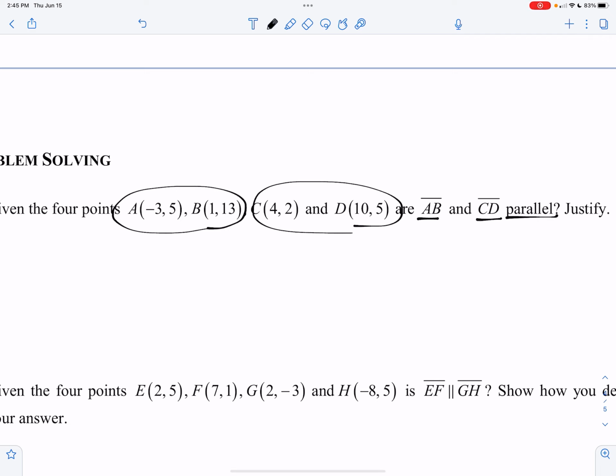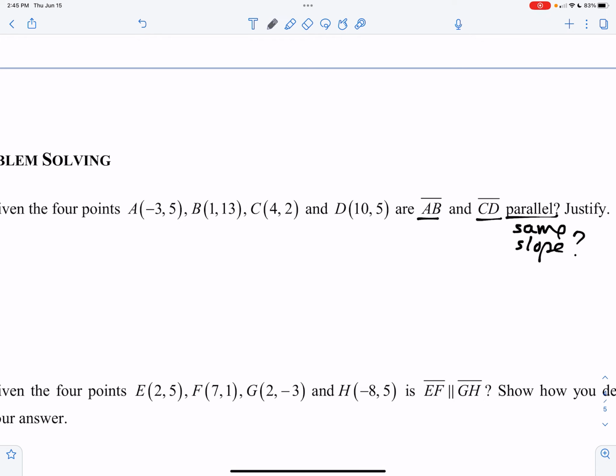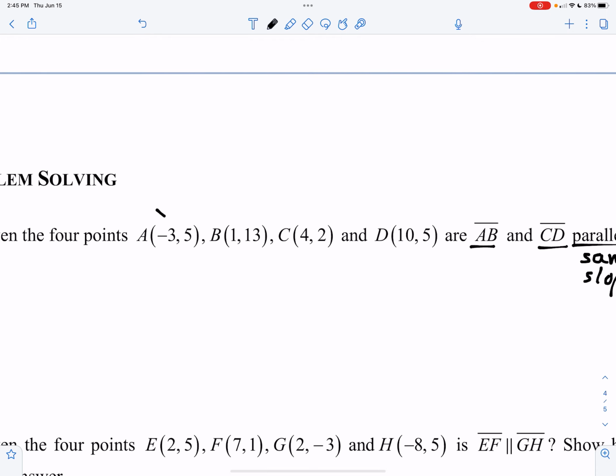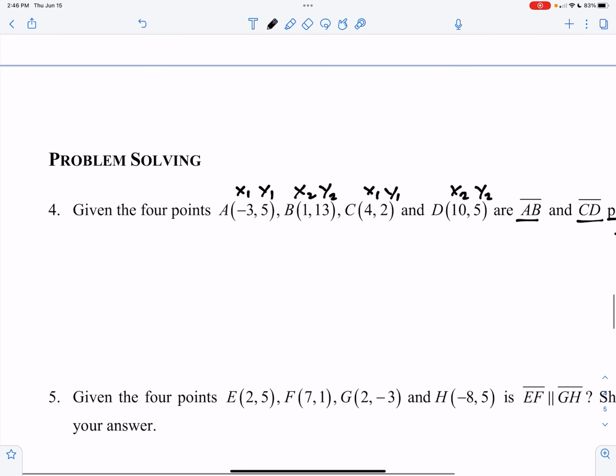They are only parallel if they have the same slope. That's what we're going to find out right now. We're going to calculate the slope for both those pairs. So x1, y1, x2, y2, and then do the same thing over here. x1, y1, x2, y2.